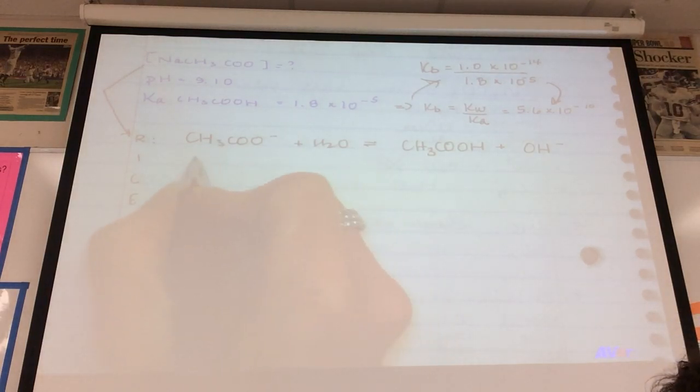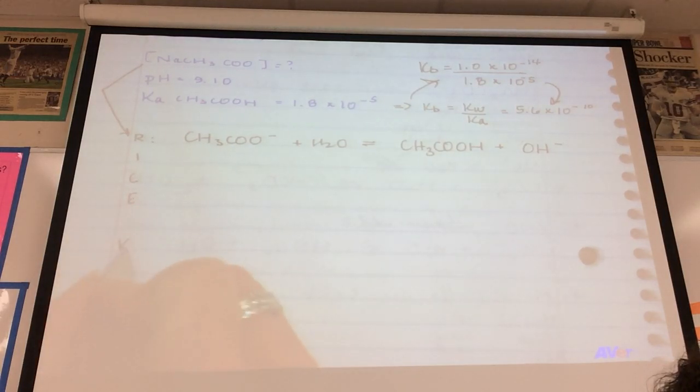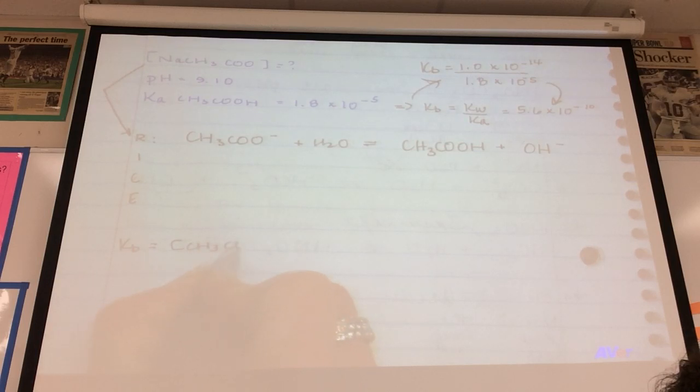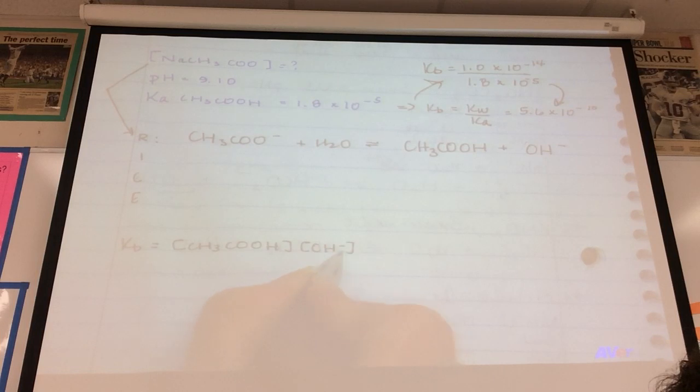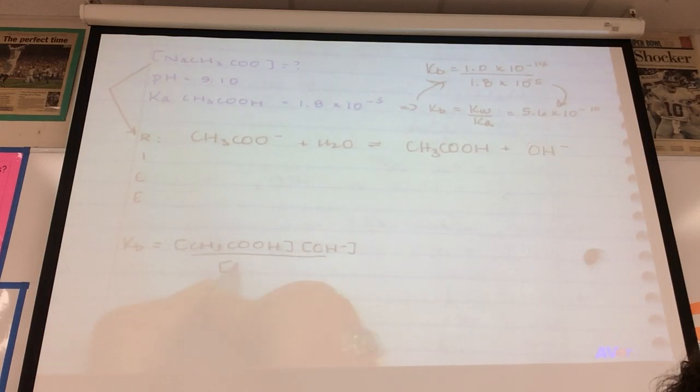Now we want to know the concentration here. We now have a Kb, and we know Kb is equal to this. And ultimately we want to get this.